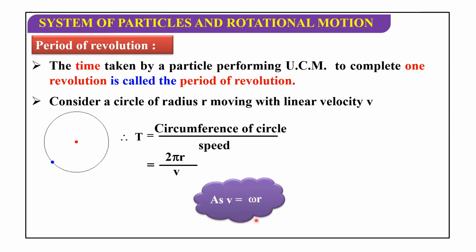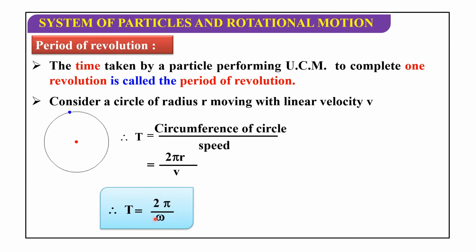As v is equal to r omega, substituting this, we get T is equal to 2 pi by omega. This is the period of revolution, the time taken by the particle performing uniform circular motion to complete one revolution. So T is equal to 2 pi by omega.